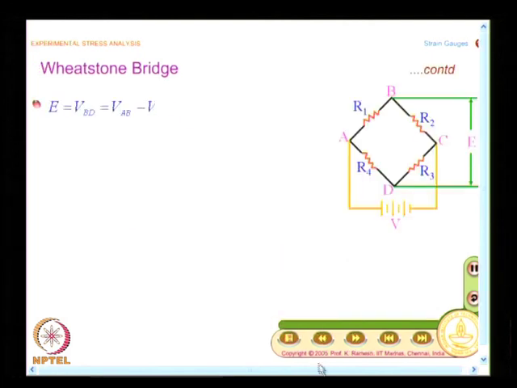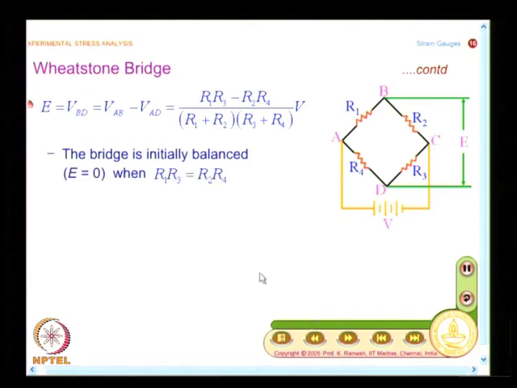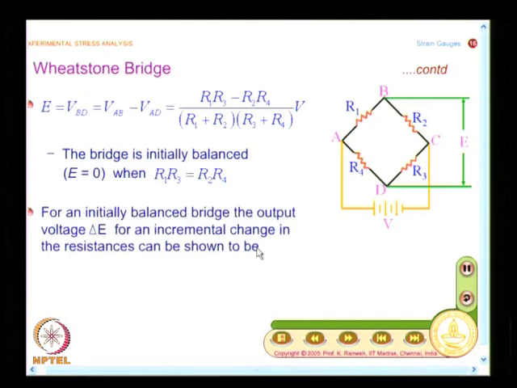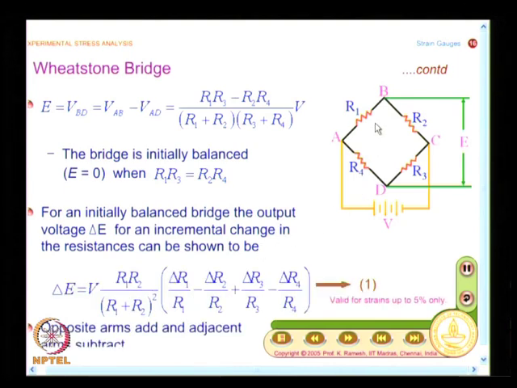Our focus is what happens when the resistance changes slightly. Whenever I do any instrumentation, I initially balance the bridge, and while balancing, I essentially make E equal to 0, that is VBD equal to 0.